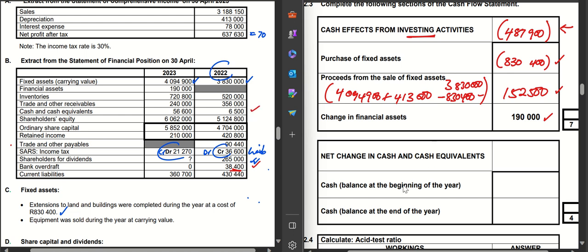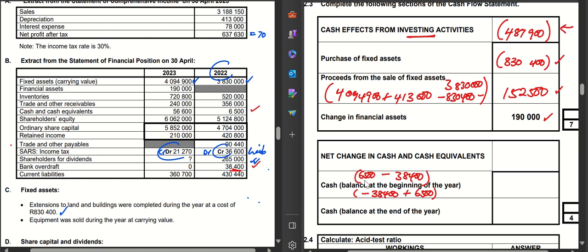So you will say your cash and cash equivalents at the beginning. You will now say you have a negative 38,400. You see, I put minus here. Then plus the 6.5. Some of you would have said 6.5 minus 38.4.